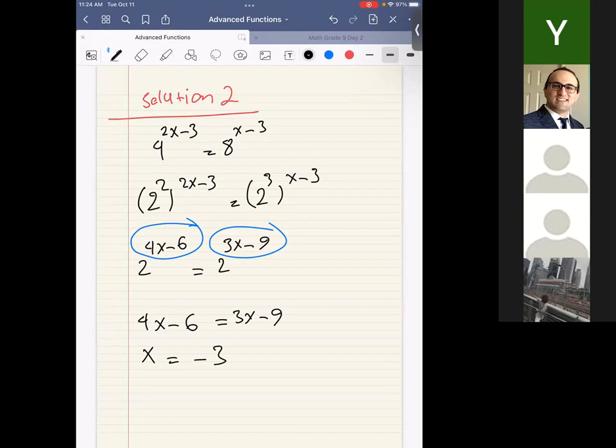So this is the answer, but they want us to write this in terms of two ln's, like ln of A divided by ln of B.